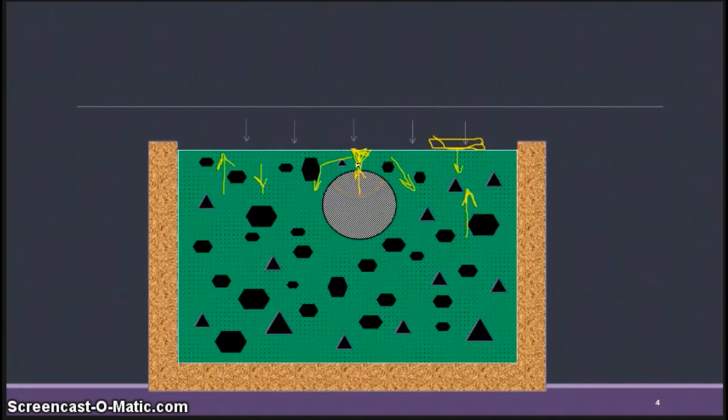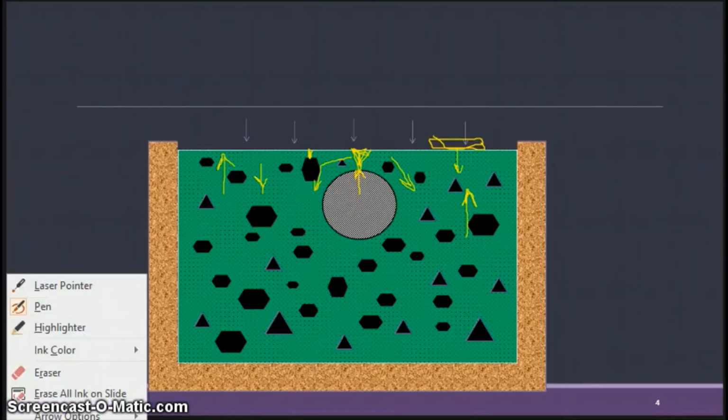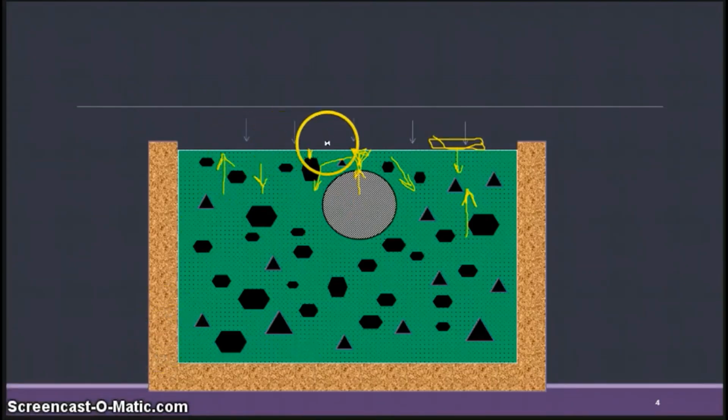The crack is going to form here, and a similar sort of thing can happen when you have a large aggregate piece present. So this aggregate piece can actually lead to cracking. So this crack can occur here or here.